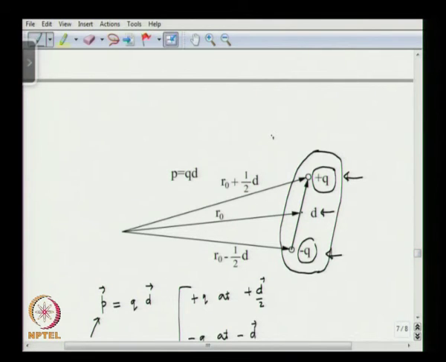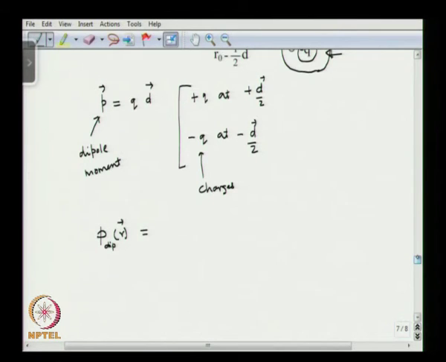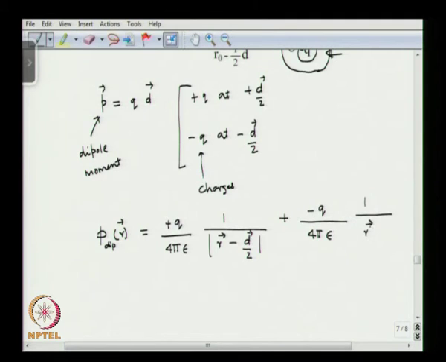It is going to be plus q divided by 4 pi epsilon into 1 divided by the magnitude of r minus d by 2, plus minus q divided by 4 pi epsilon into 1 by r plus d by 2.